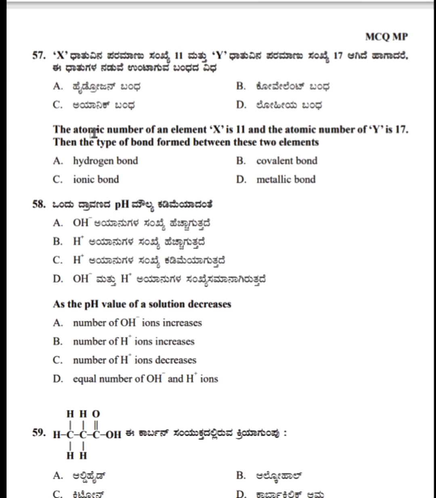Question number 57. The atomic number of an element X is 11 and atomic number of Y is 17. Then the type of bond formed between these two elements is.